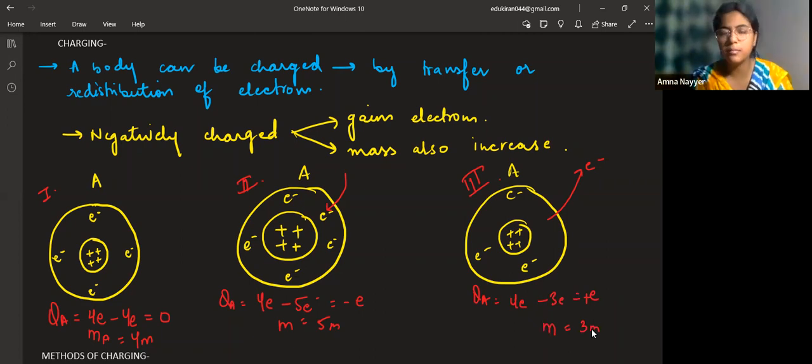This is the basic mechanics of positive and negative charges. Fine. Then you basically have 3 methods of charging: charging by friction, charging by conduction, and charging by induction. Friction, conduction, induction. Then your whole charge topic will be completed. Note down this page.